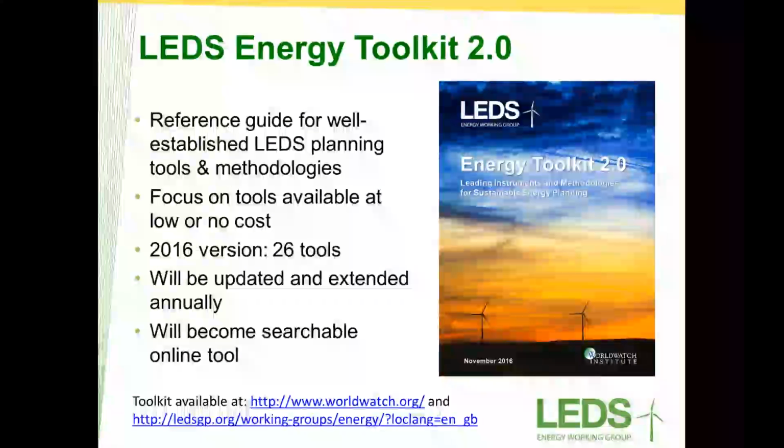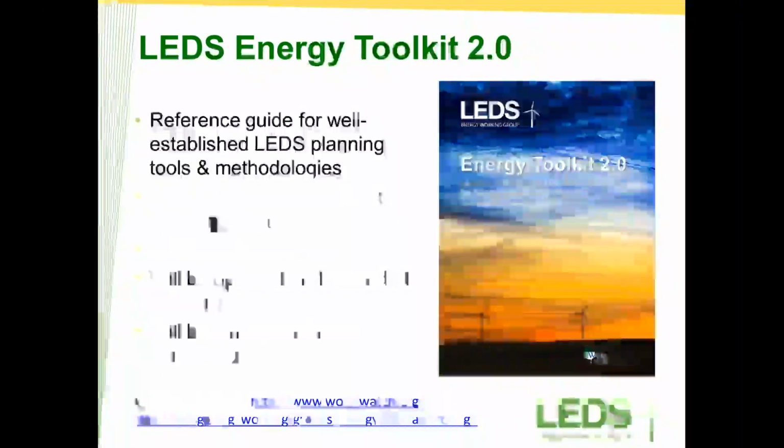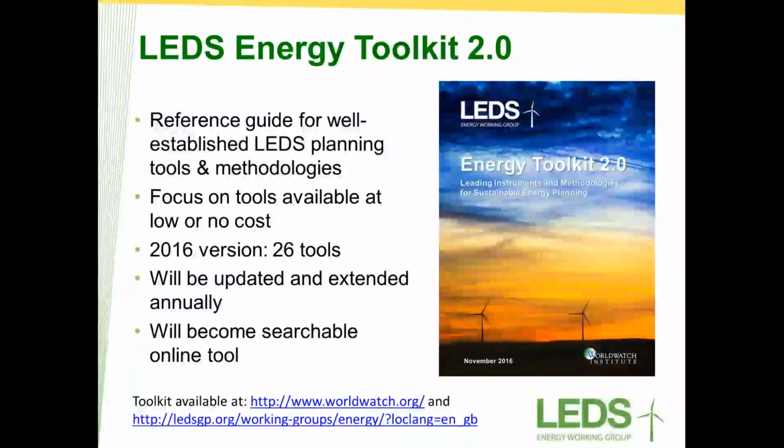So you can go to a website, put in a search mask what you're looking for, and then you're getting the tools presented to you in searchable form that do what you want to do. So we're hoping to make this a tool eventually itself.